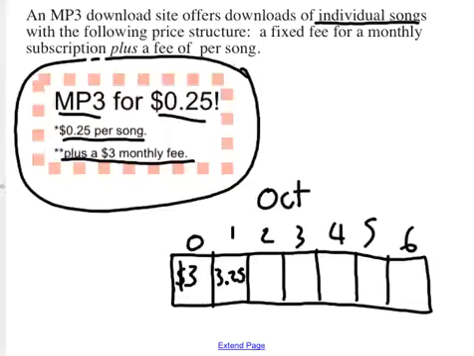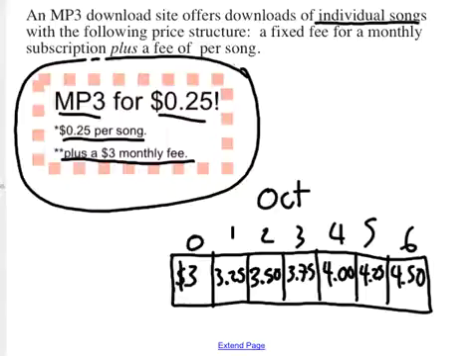If I buy 2 songs, that's 2 times 25, so it'll be $3.50. And 3 songs would be $3.75. I'm increasing by 25 cents every time. Now I'm going to be paying $4 for 4 songs, $4.25 for 5 songs, and $4.50 for 6 songs.